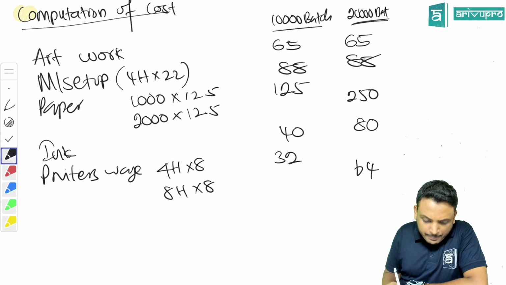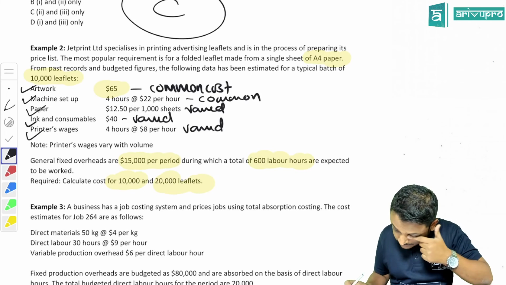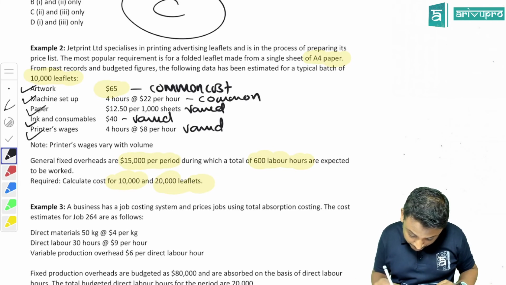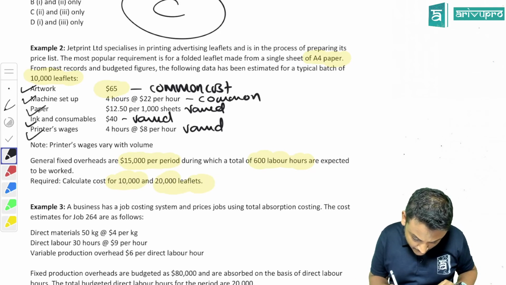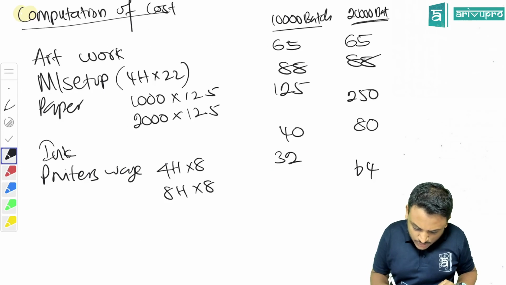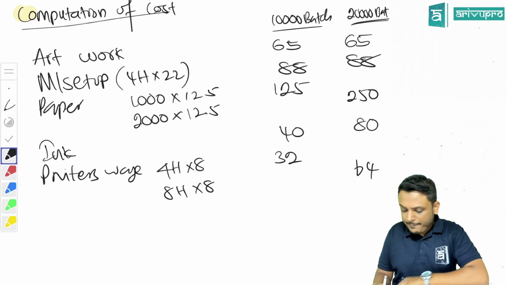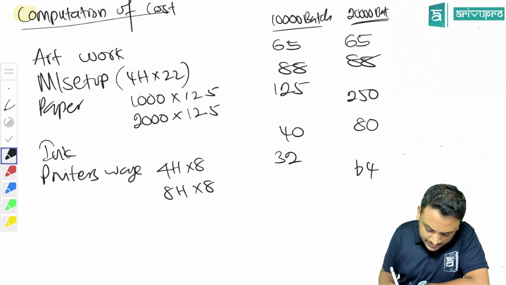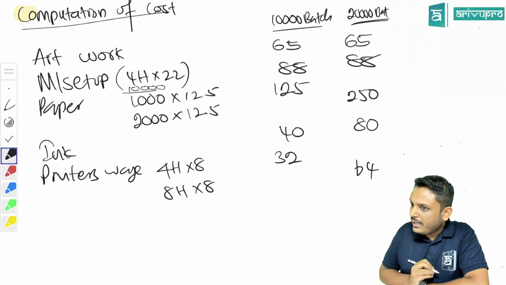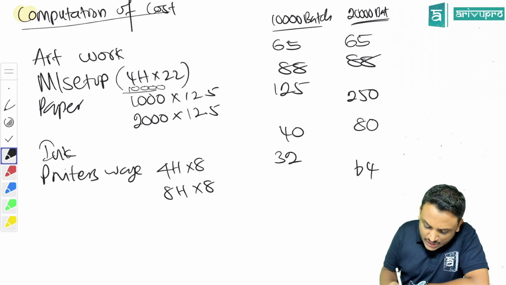Paper, 1000 papers. Here they said 1000 sheets, 12.5. Okay. So here it's like this. 10,000 papers we need. Every 1000 sheets is 12.5.